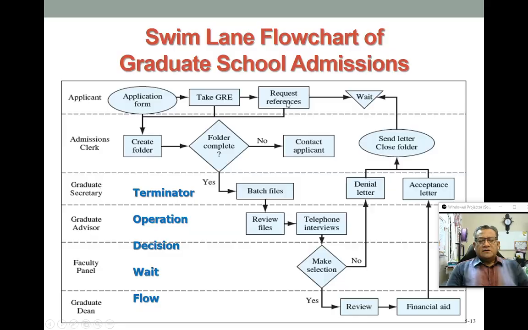They are looking for people as references, and you have to wait for your exam results to be approved. Upon the batch file being processed, it will go for review, and then perhaps you will be called for a physical or personal interview, and then selection is made. If it is approved, then you are accepted and get financial aid, and upon approval of your application, you will receive the acceptance letter, and so on.